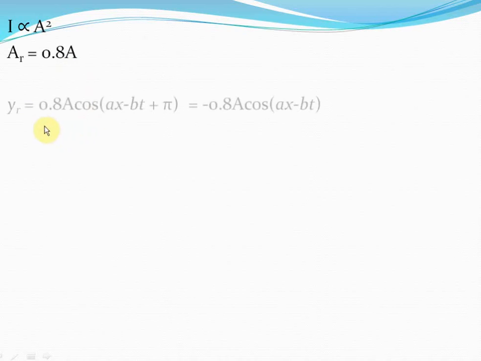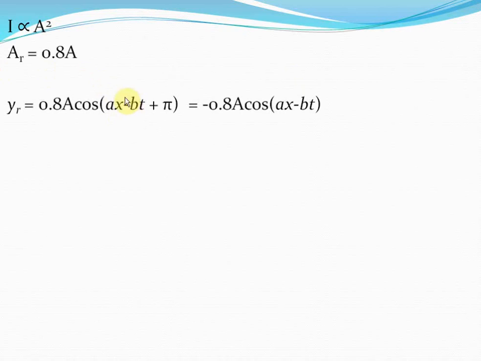Now we can clearly write the equation of the reflected wave as 0.8A cos(ax minus bt plus pi). How did we write this? We know that the amplitude is 0.8A because the intensity is 0.64 times, so the amplitude is 0.8 times. We know that the reflected wave is travelling towards the right, since the incident wave was travelling towards the left.